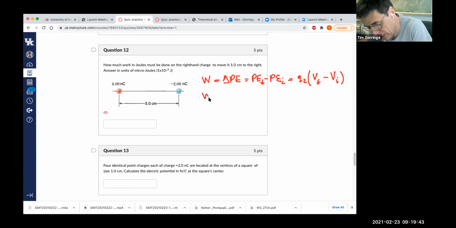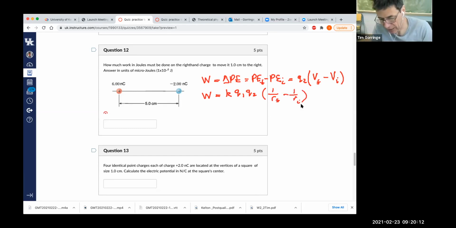Now it's just a matter of filling in the equation for the potential of a point charge so that we can fill in VF and VI. So let me just do that. I'm going to collect together some common terms when I do that. Here's the equation I get.